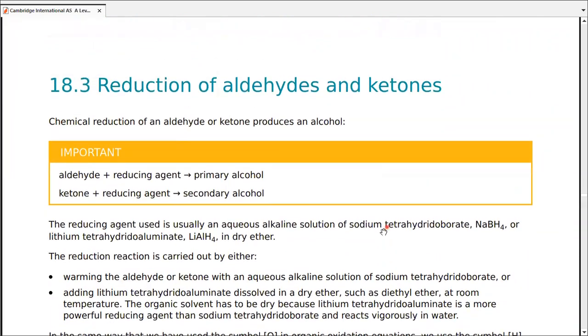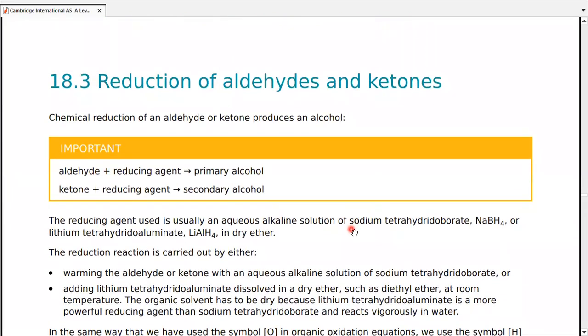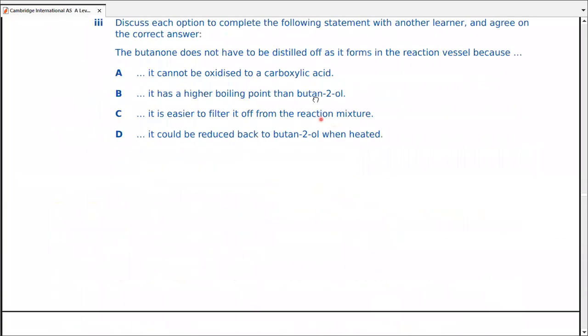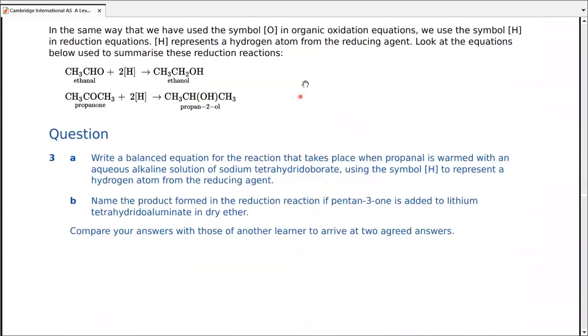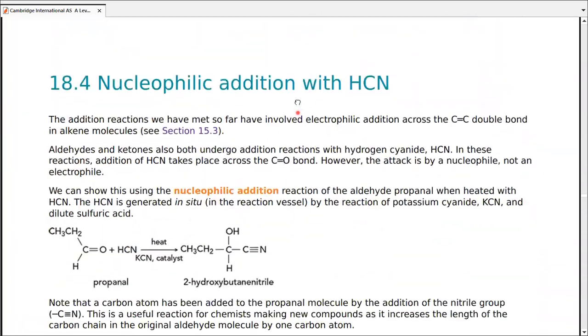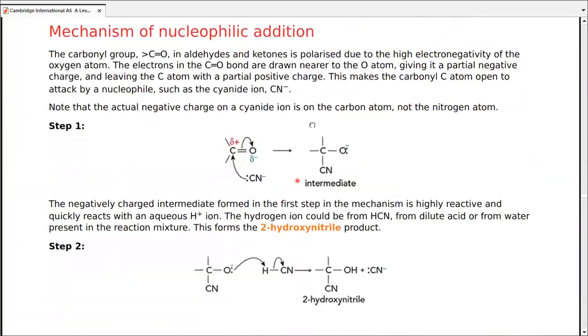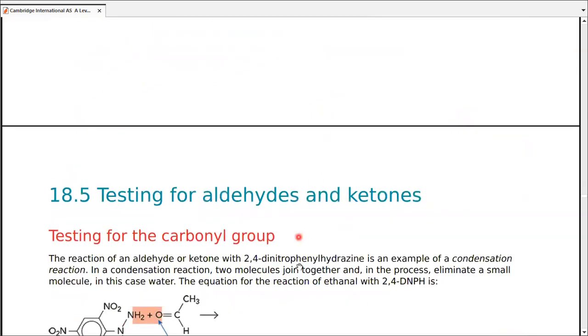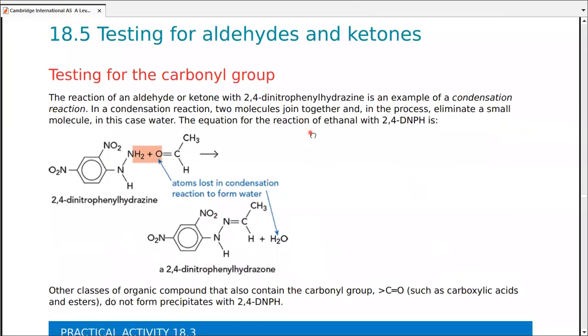Moving back, reduction: both aldehydes and ketones can be reduced. So again, the reaction goes for both of them. So it's really difficult for us to differentiate between them, and we can't do it without tests. That's why chemical testing, to exactly distinguish between them, differentiate between them, or identify one of them, is really important for us.